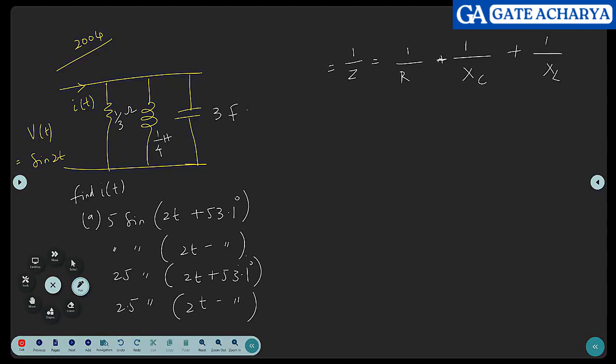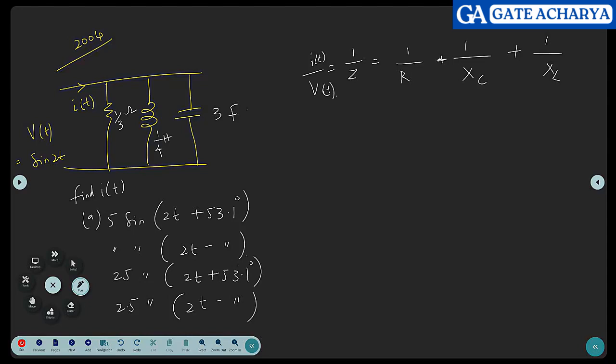Z means V by I. 1 by Z means I by V. You know V, you know all these things. You just have to find I. Basic complex number stuff. I'm sure you can do it. What is XC by the way?